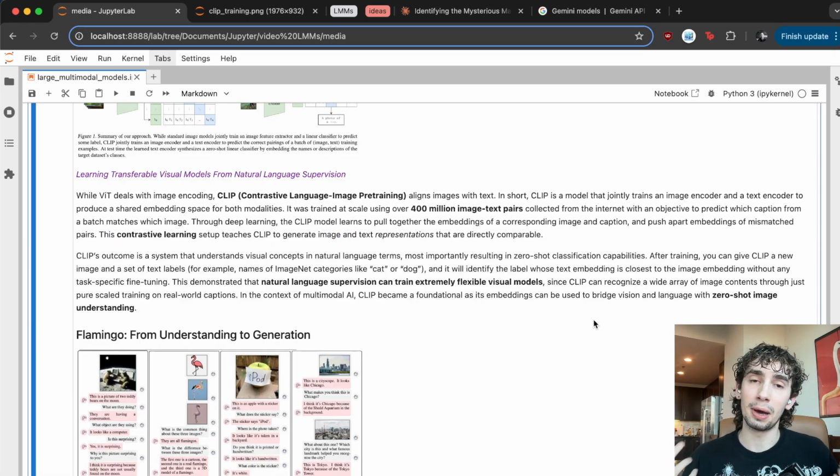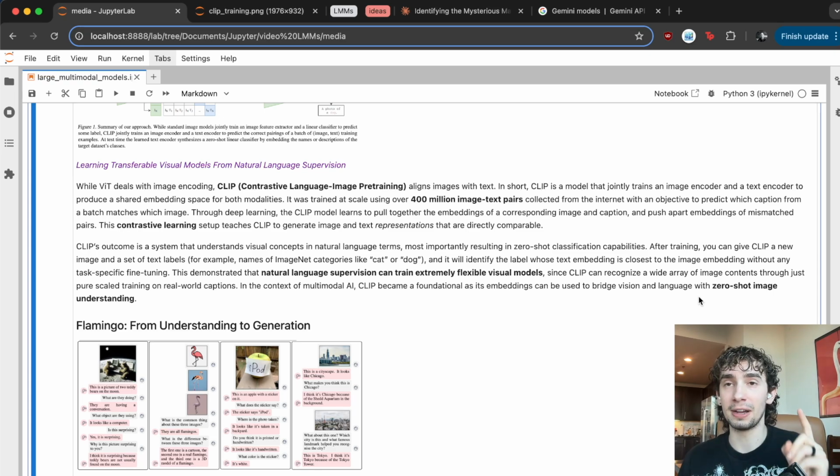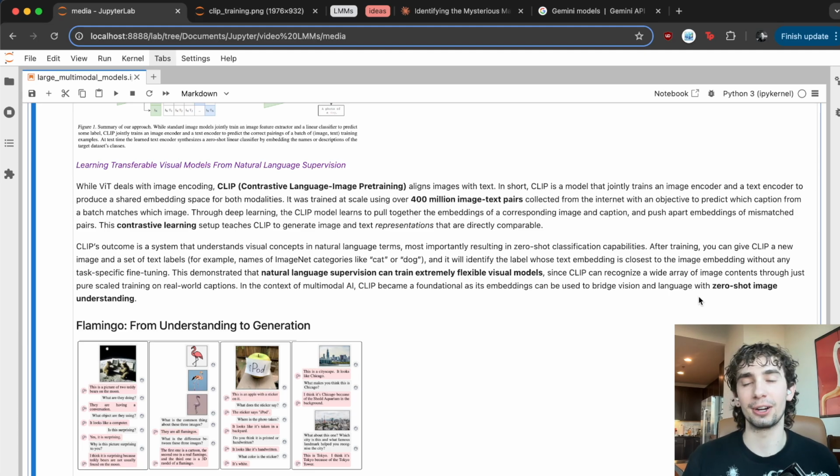This allows the model to do something called zero-shot classification, where after training, you can give a CLIP model a new image and a new set of text labels that are outside of the training set, and it will be able to identify what label is closest to what image through its joint embeddings. This is done without any task-specific fine-tuning, which is the real neat part here.